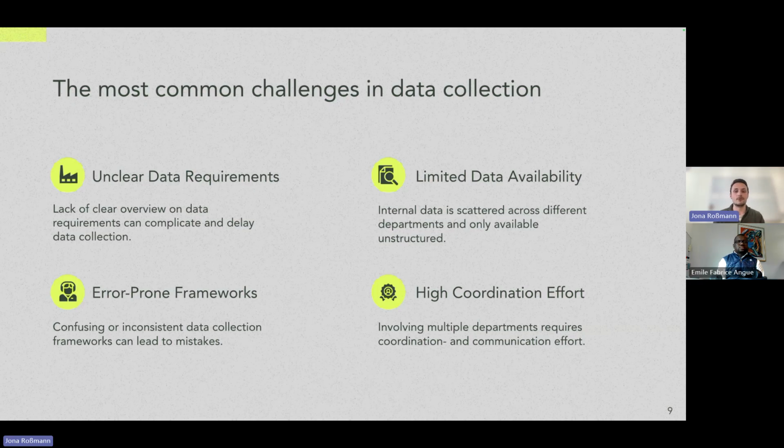Transport data might even be with an external freight partner. So you can see none of this data is originally collected for LCA purposes. It is there, but it is collected for purchasing, for operations, for compliance, but not especially for the granularity or the structure that a life cycle analysis would require.